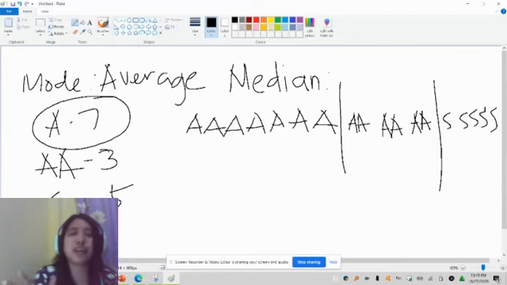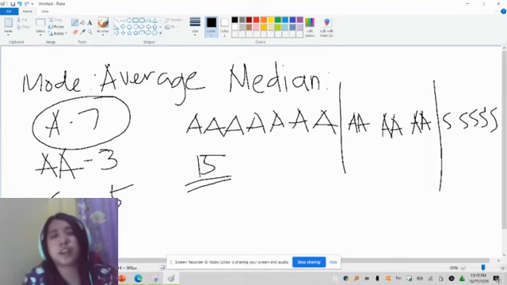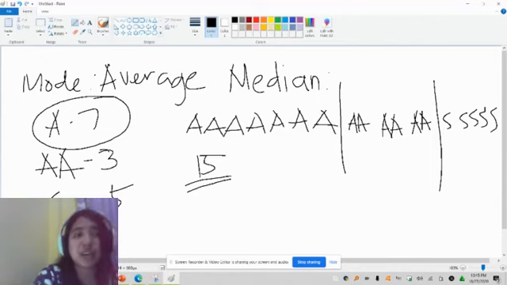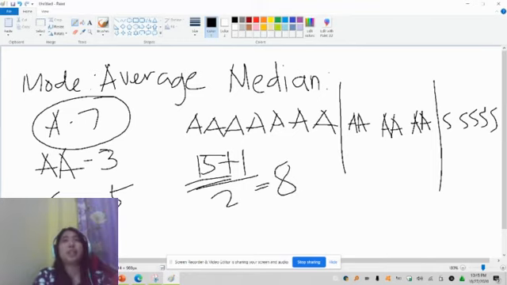You have to arrange from lowest to highest and determine the middle number. So 15 is an odd number. If you still recall our discussion on how to determine the median, if it is an odd number, you add 1 and divide by 2. So it is 8, because 15 plus 1 is 16, divided by 2 is 8. So the 8th term is the median.